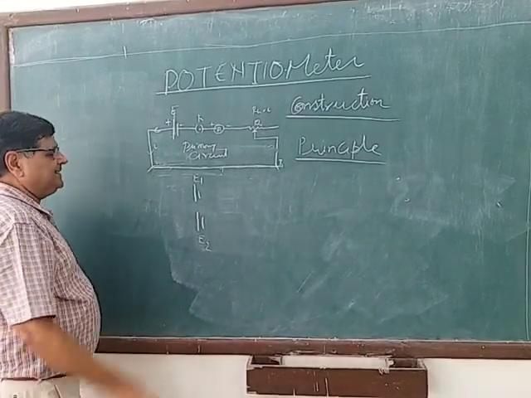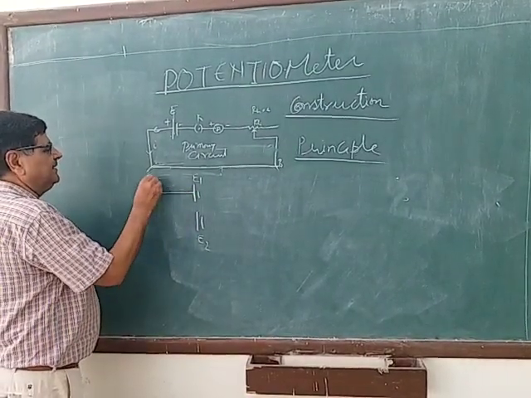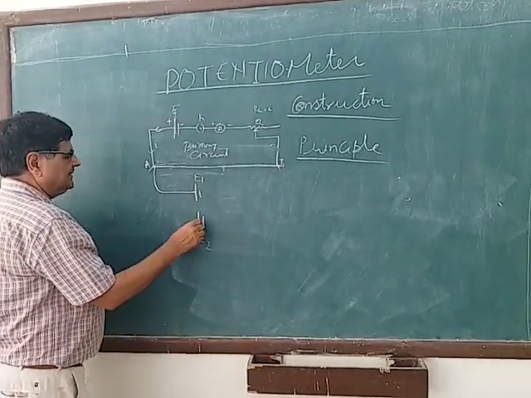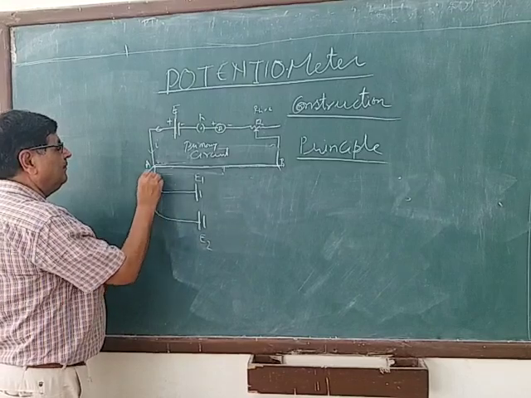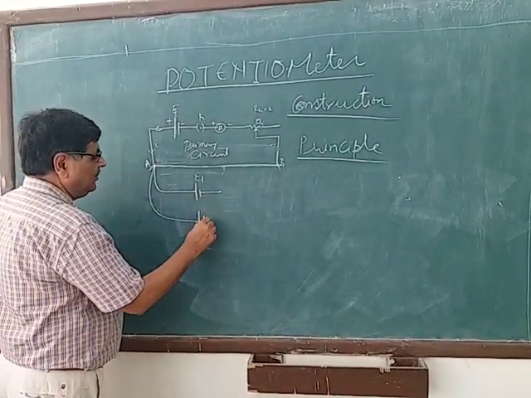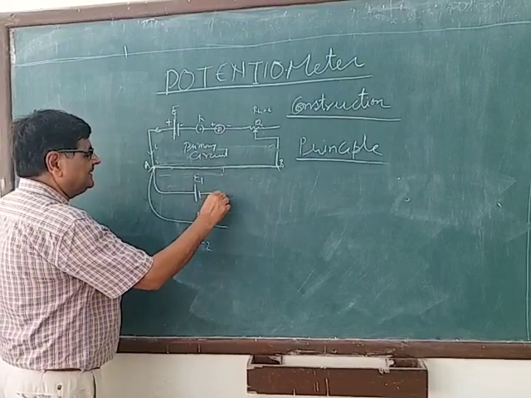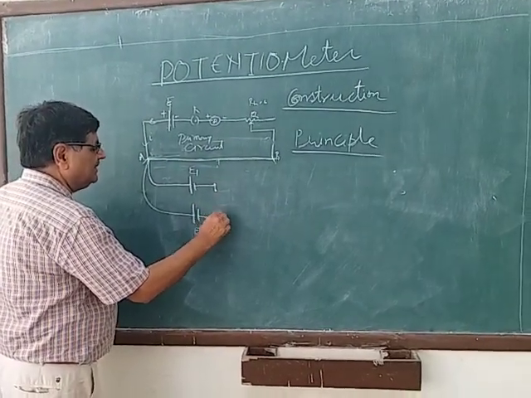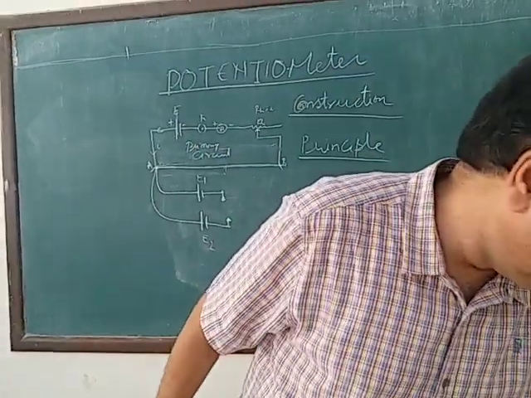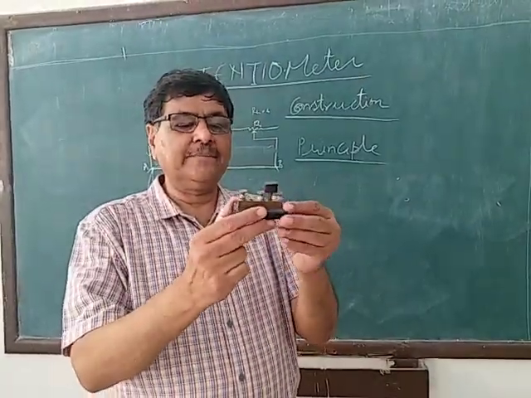What circuit will we make? We'll connect their positive terminals to terminal A. Positive terminals of both here. And negative terminals of both will connect to two terminals of a two-way key. Have you ever seen a two-way key? This is a two-way key.